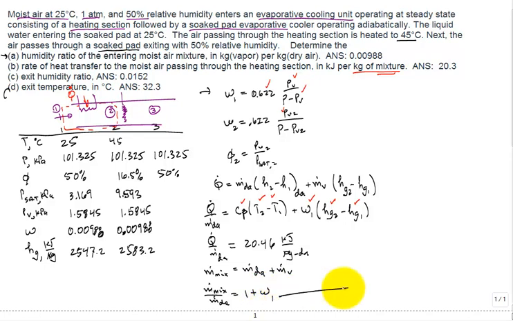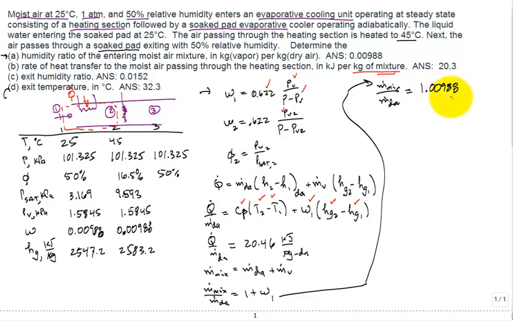So if you take the mass flow rate of the mixture divided by the mass flow rate of the dry air for this problem, it's 1.00988. Very close to 1, and most people would neglect that difference. But we're not going to neglect it.